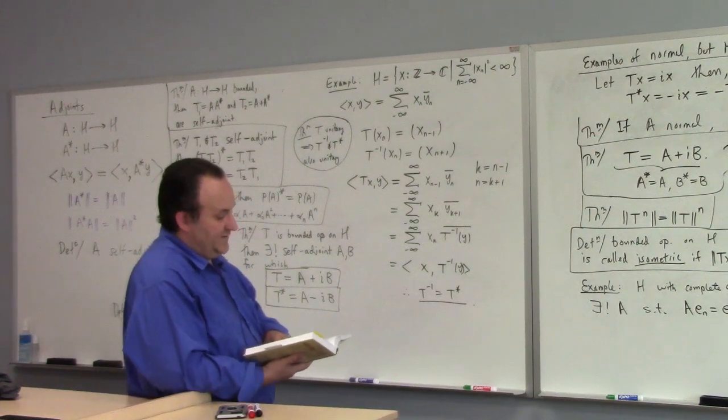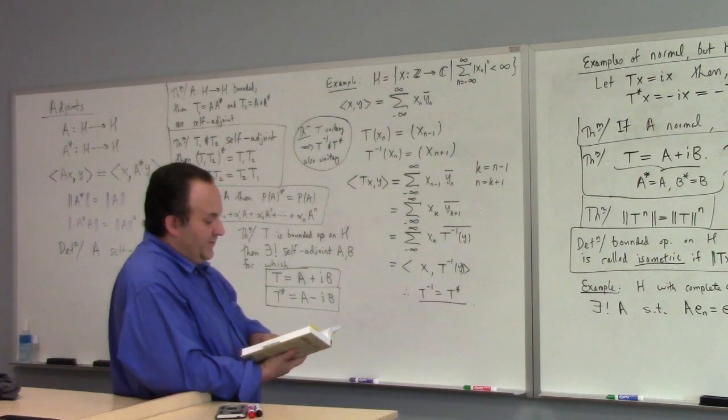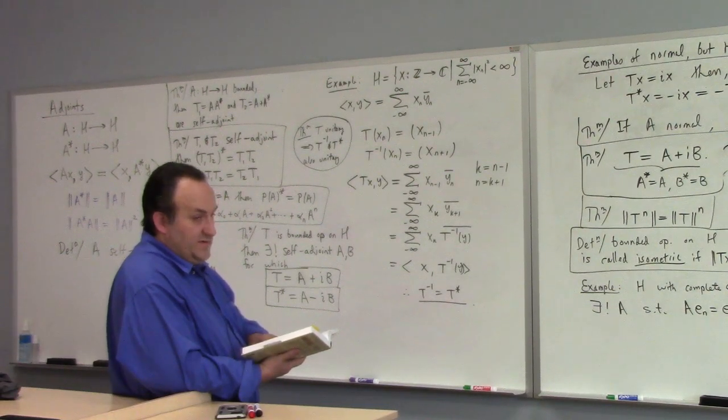His definition: an operator A on a Hilbert space is called a compact operator, or completely continuous operator, if for every bounded sequence, the image of that sequence under the operator contains a convergent subsequence. So, for example, every operator on a finite dimensional Hilbert space is compact.